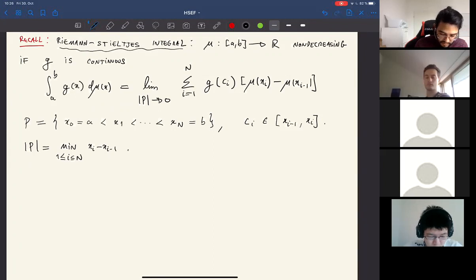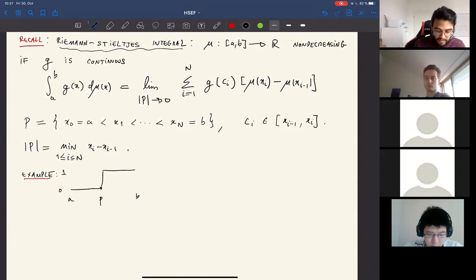So for example, you could take a function which is just a step function like this. It goes over the interval a to b, and at some point p in the middle, it jumps from 0 to 1, let's say.